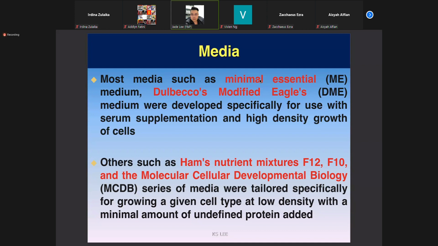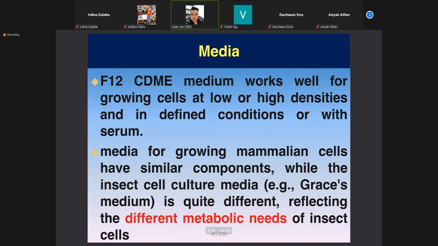Because some of the cells can grow in high cell density and some they cannot. So they need a specifically formulated media for them to grow. For example, the F12 and DMEM media work very well for growing cells at low or high density in defined conditions or with serum.